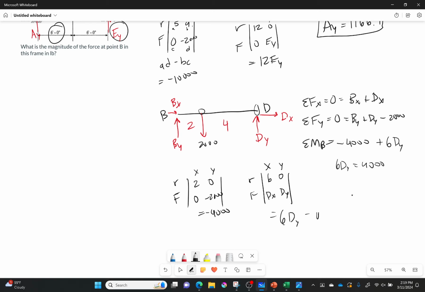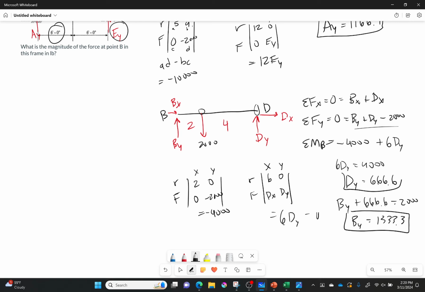Okay, so that's 4,000 divided by 6, and I get that dy is equal to 666.6. Okay, now I'm going to use that to solve this equation. So by plus 666.6 is equal to 2,000. And so that means that by is going to be equal to 1333.3. Okay, so I'm getting some of my forces here.